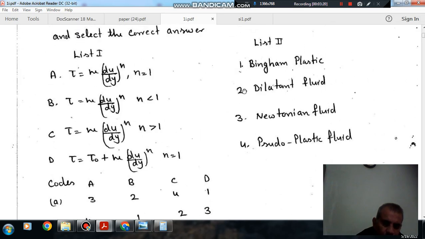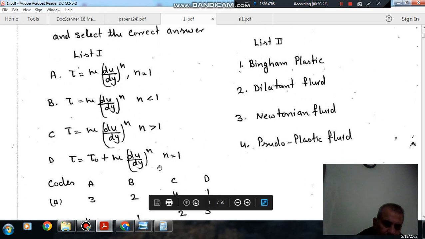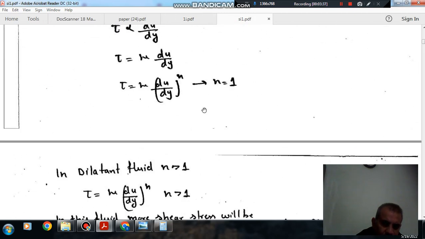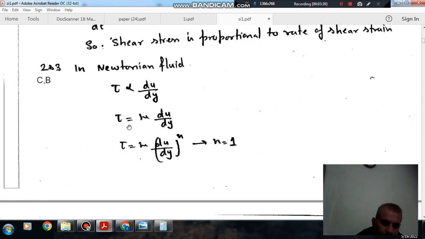And for Bingham plastic, there is some shear stress initially, and then constant shear stress, and then the shear stress increases. So this is Bingham plastic. We can see from this diagram also: for Newtonian fluid, tau is directly proportional to du by dy, or n is 1.